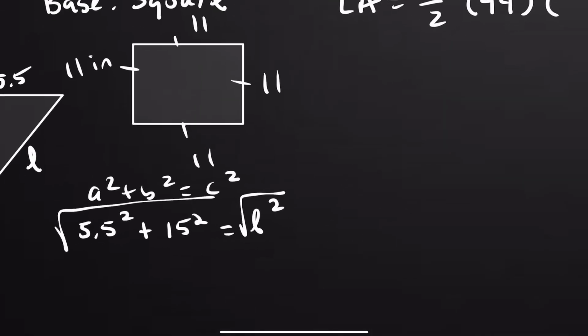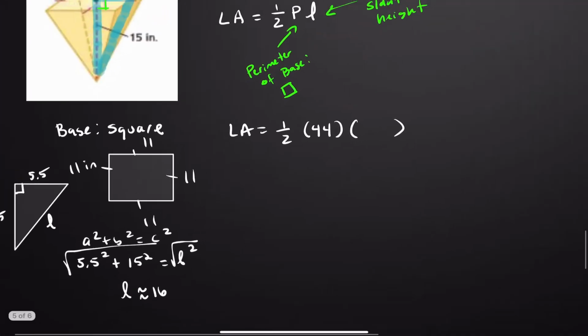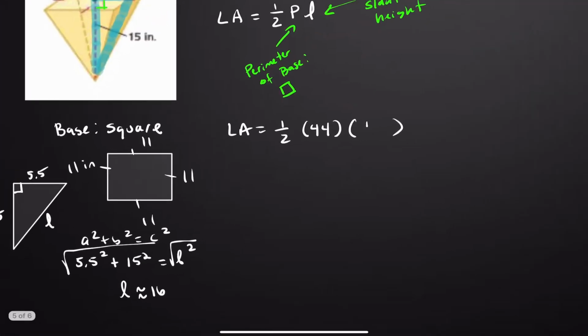So I'm going to input the square root of 5.5 squared plus 15 squared. And I'm going to round that to, I have 15.97. So that's going to be 16. So the slant height is going to be approximately 16. Okay. So I will put 16 right here, and then I'm going to proceed to multiply everything.